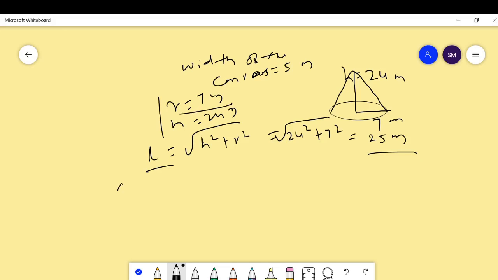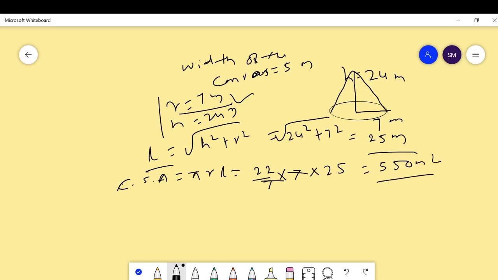Then we have to find out the curved surface area, which is equal to pi r l. Then this is 22 upon 7 into 7, because r is 7, into l is 25 meter. By solving this we get 22 into 25 is equal to 550 meter square. The curved surface area is 550 meter square.